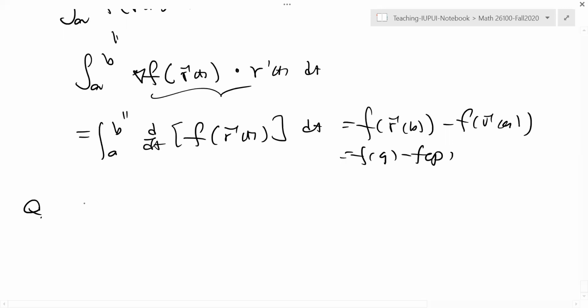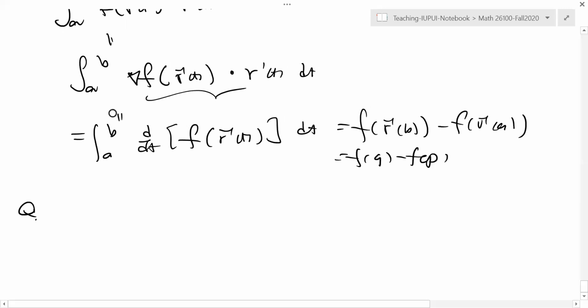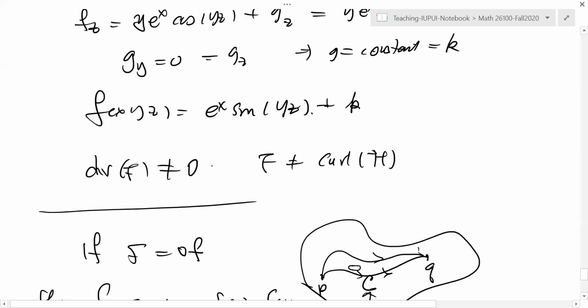Here's a simple problem. We did the computation before, I just use this same function.